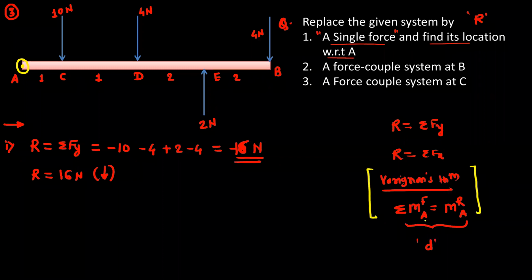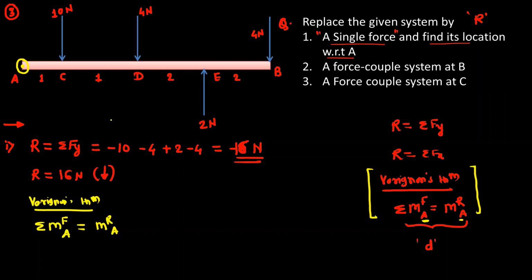For the Varignon's theorem, we will select this point as A. Its equation is: summation of moment by all the forces about A is equal to moment by resultant about the same point A.